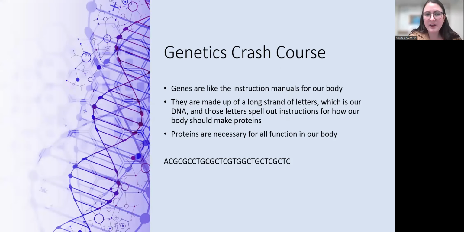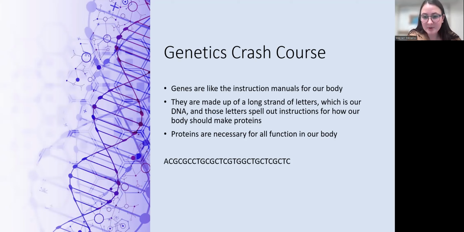So before I go any further into the genetics of ALS, I think it first would be best to do a quick genetics crash course, because it may have been a while for some people since you've been exposed to genetics, or maybe you haven't been exposed at all. So you might know that our genes are essentially like the instruction manuals for our body. So a gene is basically made up of a long strand of letters, which is our DNA.